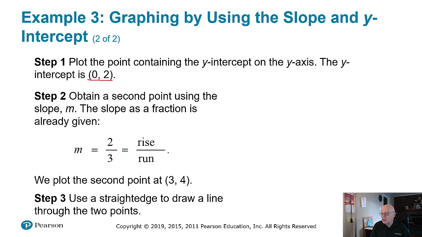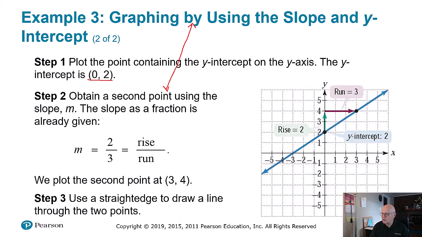Use a good straight edge now. No sloppy stuff. I don't have a straight edge here, or I would use it. Make sure it's nice and crisp. And put the arrows on both ends, because those lines don't stop anywhere, they continue, and the arrows indicate that it does continue.